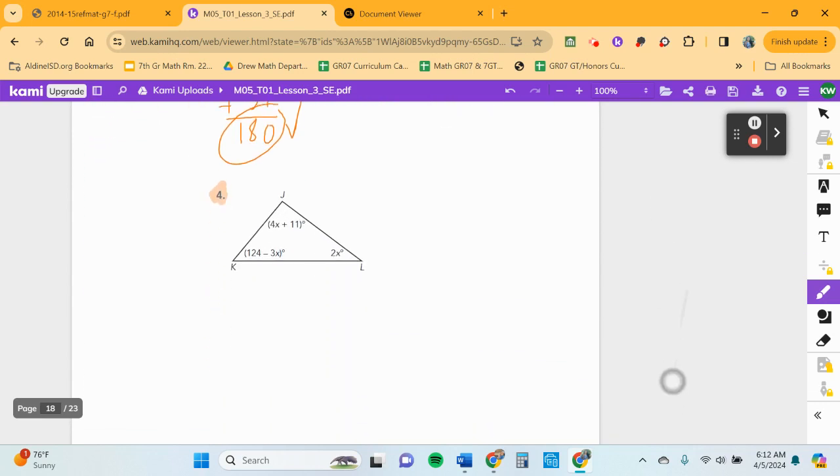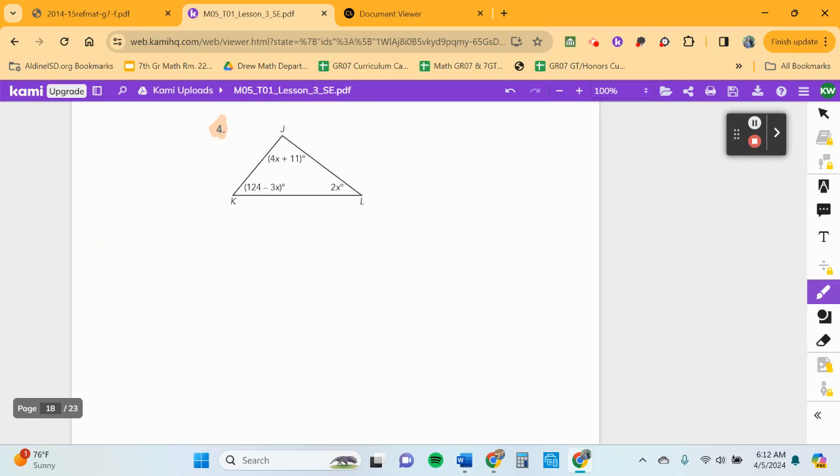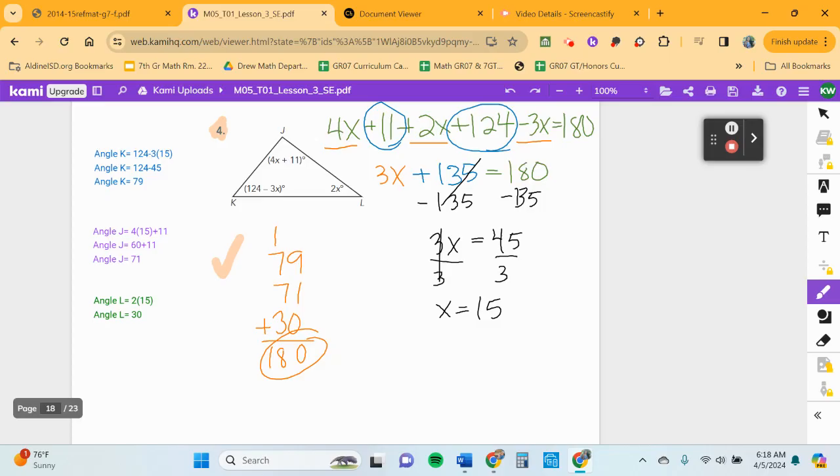Alrighty. And lastly, question number 4. Go ahead and check your work. First, let me back up. For x, you should have gotten x is equal to 15 when you added all of the interior angles and solved for x.